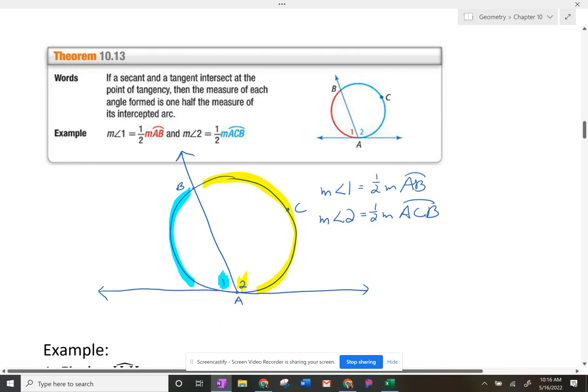So if they give me that outside measure, because it's coming to that central point, I'm taking the whole measure and I'm just dividing it by 2. Same thing if they give me this whole entire outside measure, I'll take whatever they give me, divide it by 2. It's kind of the theme of the secant lesson here.